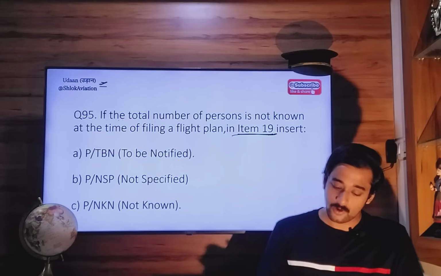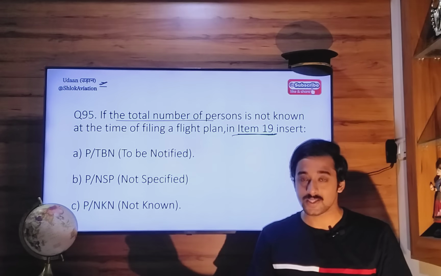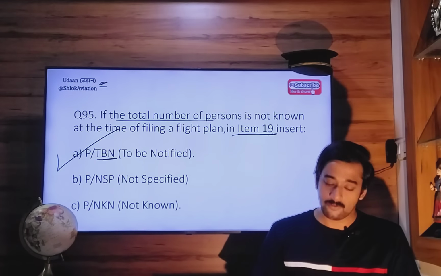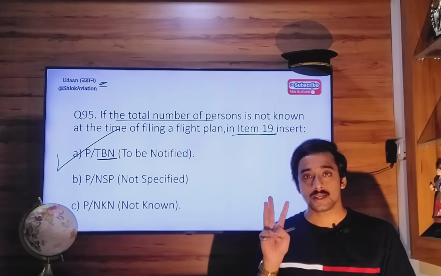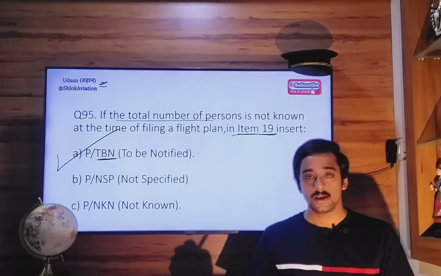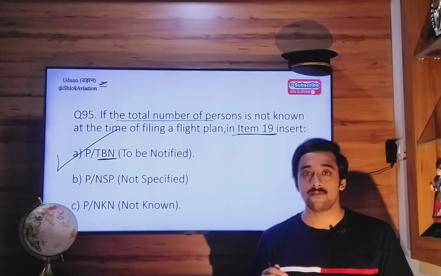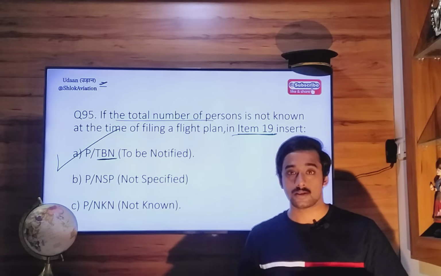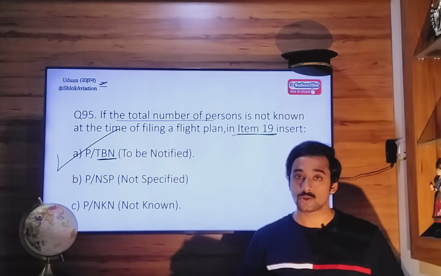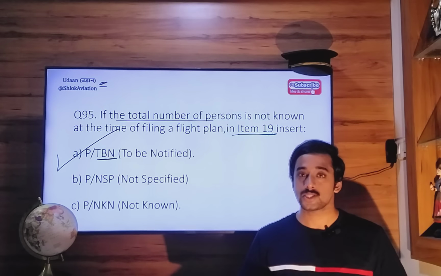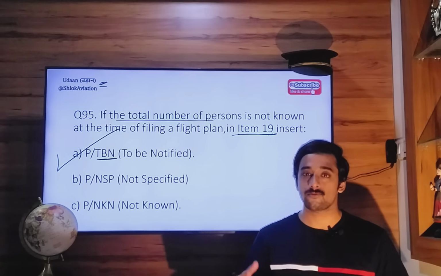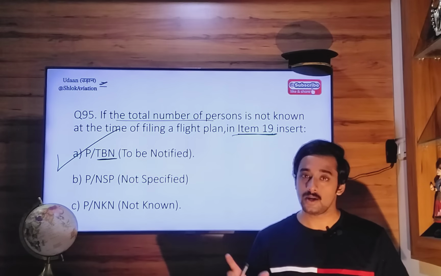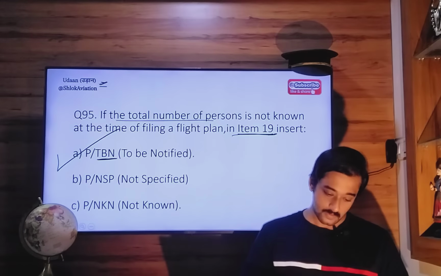If you are unaware of the total number of persons at the time of filing this flight plan, you can write to be notified: Tango, Bravo, November. Just three alphabets. Whenever ATC contacts you initially, you can notify the ATC controller about the exact number once you board your aircraft and have the figures at your disposal.